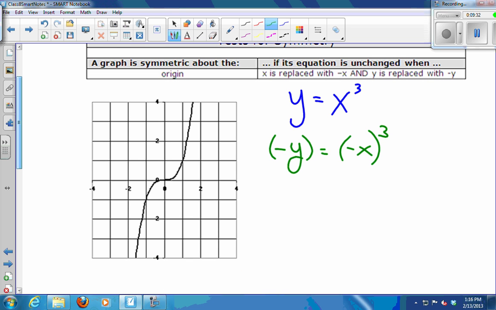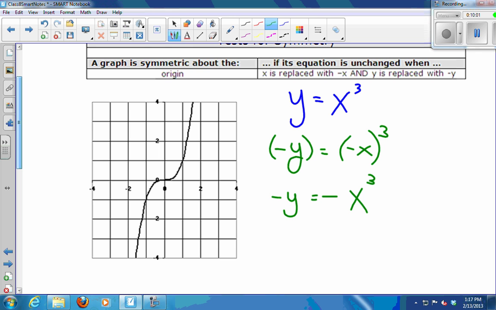So negative y, I can drop the parentheses, that's just negative y. Negative x quantity cubed means negative x times negative x times negative x, which is negative x cubed. Is that equation equivalent to the original? Yeah, it looks different, but it actually is equivalent.